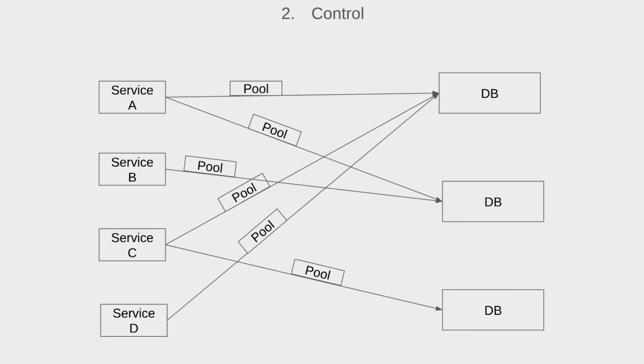This is a regular feature in all the database drivers, like SQLAlchemy. Probably in all the languages you have some kind of pooling mechanism, which is kind of neat, except that you can fully control it only when you have one instance, for example, of an application.